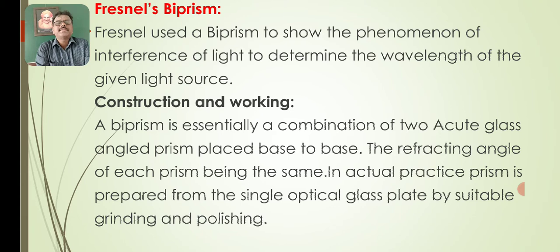Fresnel used the biprism to show the phenomenon of interference of light, to determine the wavelength of the given light source and also to determine the refractive index of the medium.